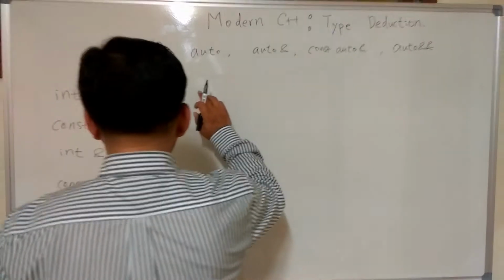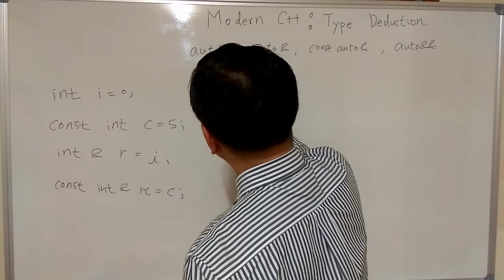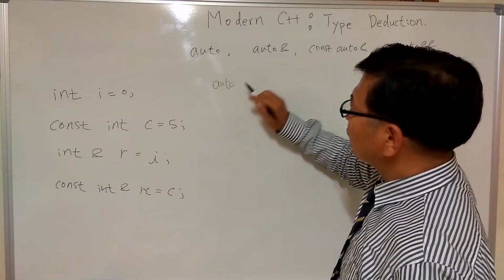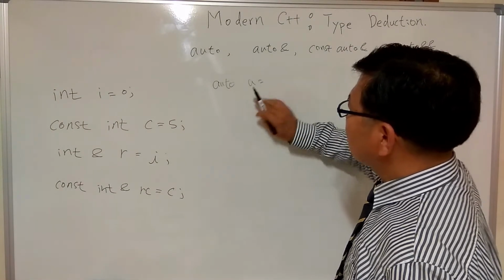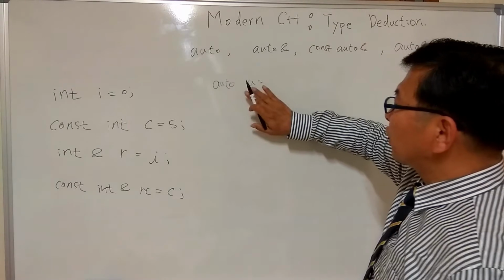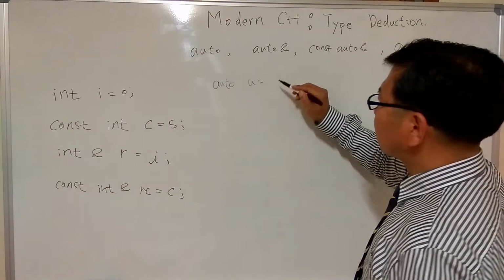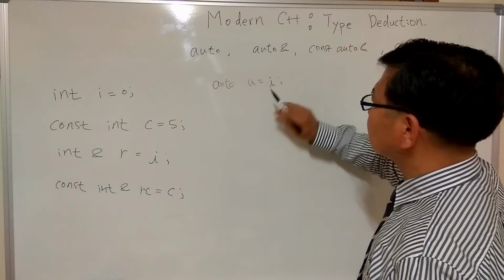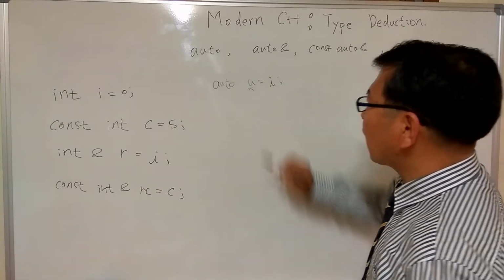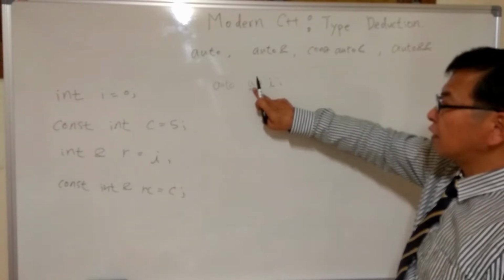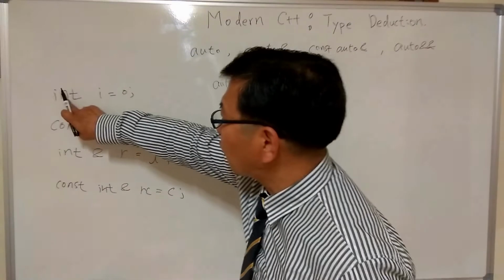Now if we define auto A, if you declare a variable with auto, you always have to initialize it. For example, I initialize it with I. Then what will be A's type? A's type will be, of course, int.